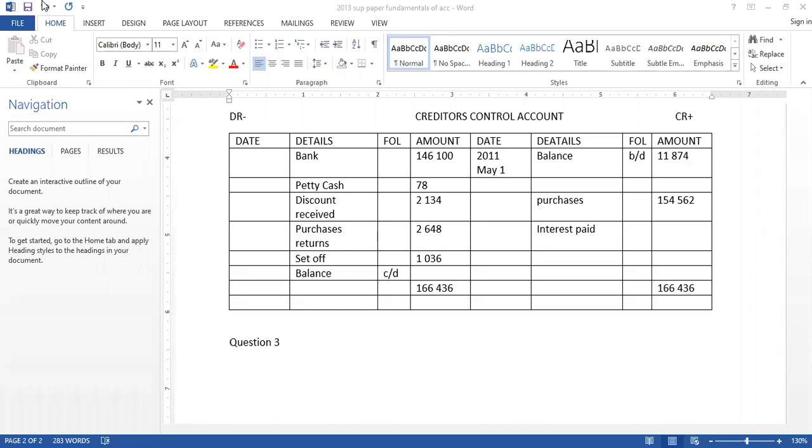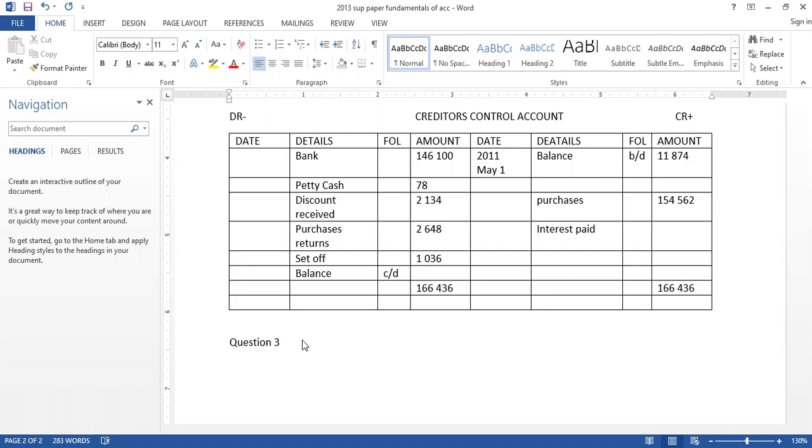So question 3 is part of the bank reconciliation, but in this case it is suppliers reconciliation. In the previous sessions that we had, we only looked at bank reconciliation, but we never looked at suppliers reconciliation, where we are given a supplier statement as well as a creditor's ledger account.